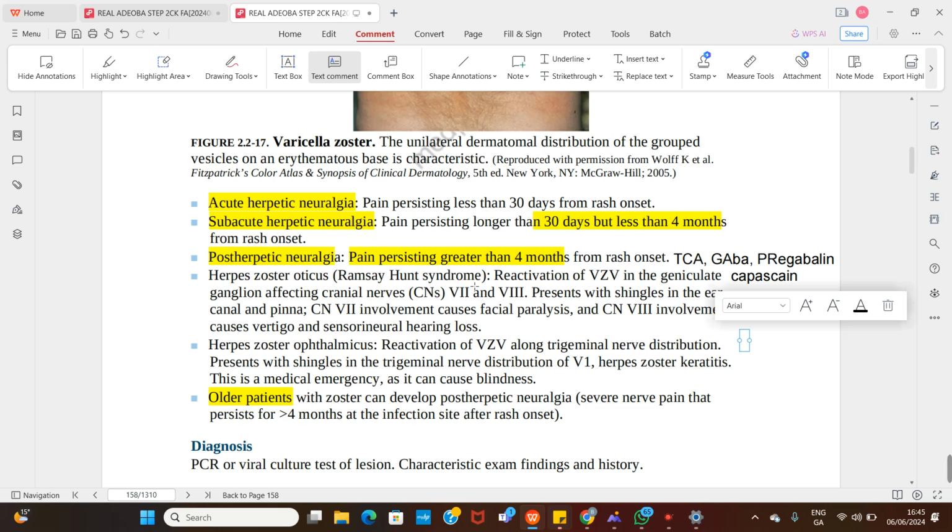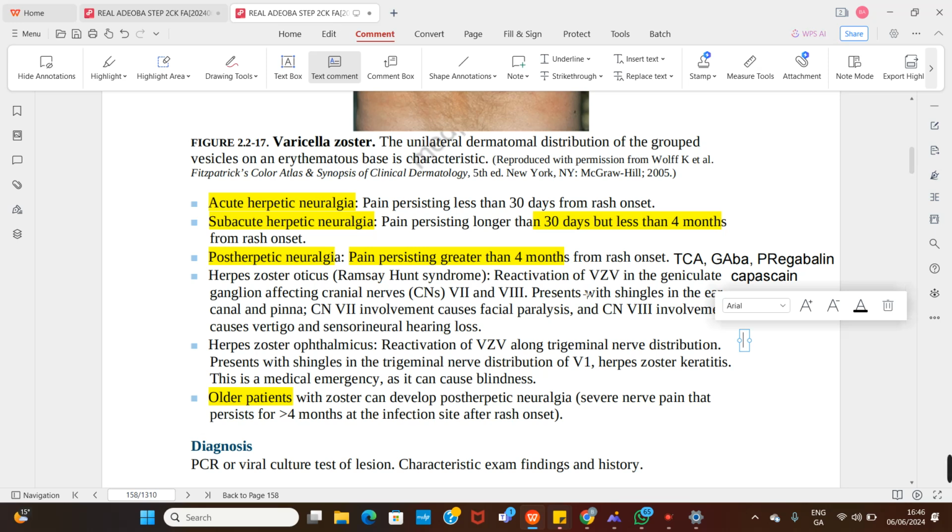The geniculate ganglion is related to the facial nerve, right? It helps to convey some of the sensory nerves for the facial nerve, particularly the ones coming from the chorda tympani. We don't need to go into the anatomy. Just know that the geniculate ganglion is related to the facial nerve.